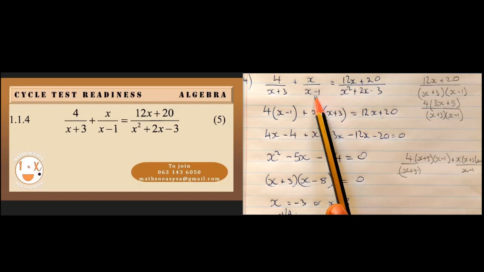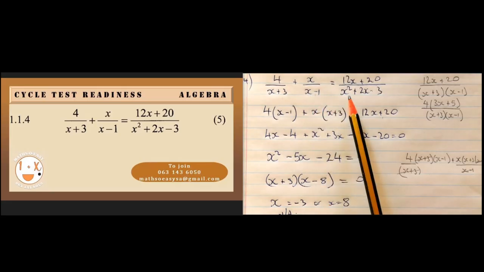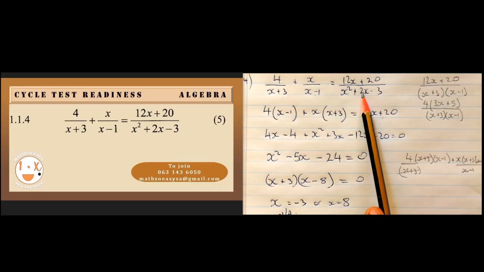There I'll have a 8 over 7. So that's a number. Then here I'll have 12 by 8 is 96, 64 plus 16. That's 80 minus 3. So I'll have a number and a number. So this thing will be rational.